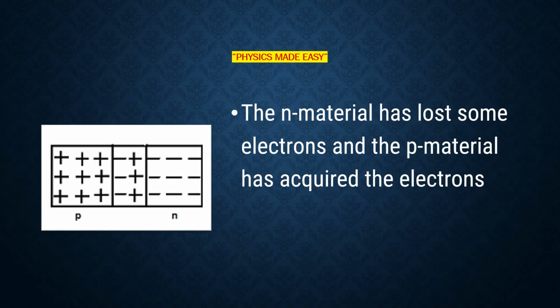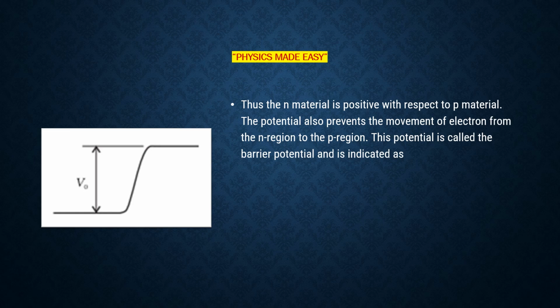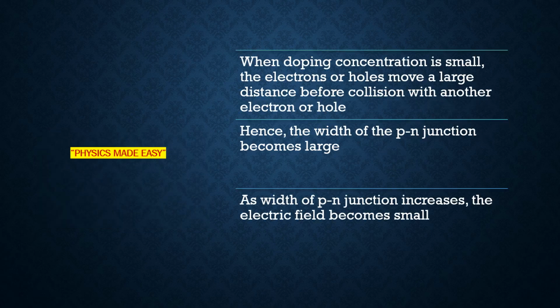The N material has lost some electrons and the P material has acquired those electrons. Thus, the N material is positive with respect to the P material. The potential also prevents the movement of electrons from the N region to the P region, and that potential is known as the barrier potential. So now some special cases.